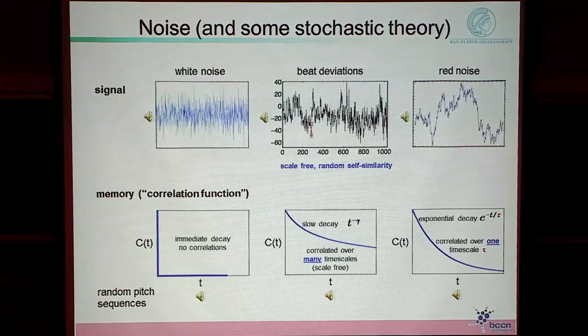So it's co-related if it has a relation. You can actually see this for red noise. If you have strong low frequencies, then there are trends. If the signal goes up for some time, then it wants to continue going up. So there is a strong relation over a certain time, some kind of memory.